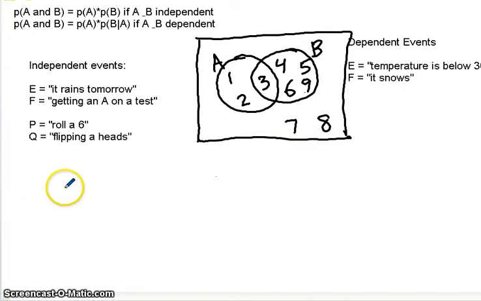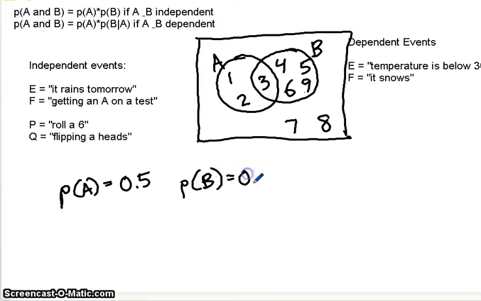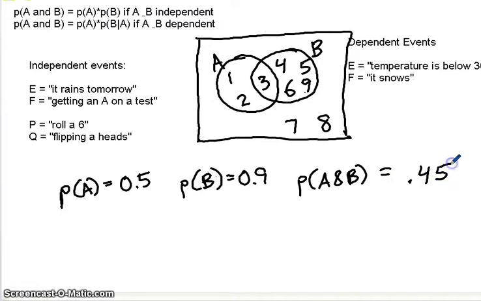So as a quick example, if I define two events here, probability of event A is 0.5, probability of event B is 0.9, 90%. And assuming they're independent, the probability of both of these events happening, A and B, is 0.45.